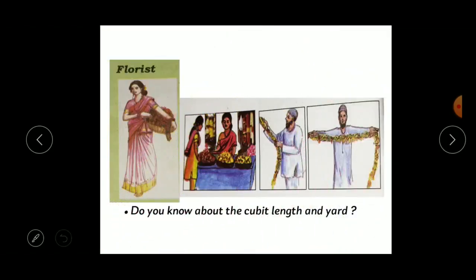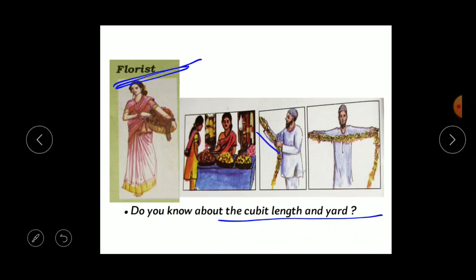So next one is, do you know about the cubit, length and yard? So children, if you go to the market with your parents to buy the flowers from the florist, in the sense a person who sells the flowers is called the florist, okay. So you might have seen that they will give flowers which are strung, right? The strung flowers they will give in the form of cubit.